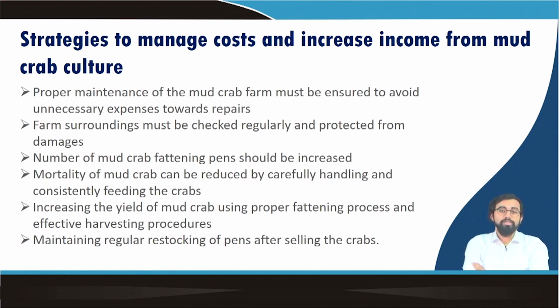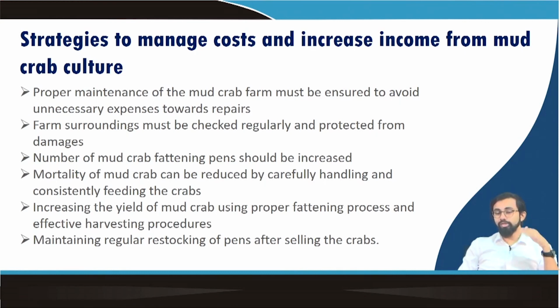So what you can do is develop a procedure in such a way that you will have a year-round production cycle. Suppose you are introducing the crabs into your system, and you know that after 3 to 4 months they will reach the maturation stage. So every week you start stocking the system.